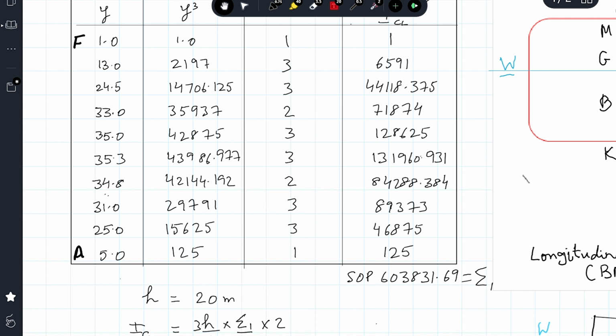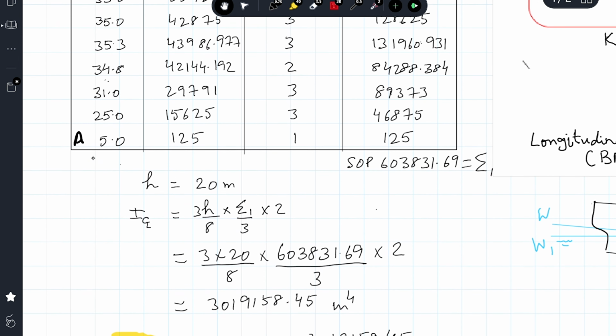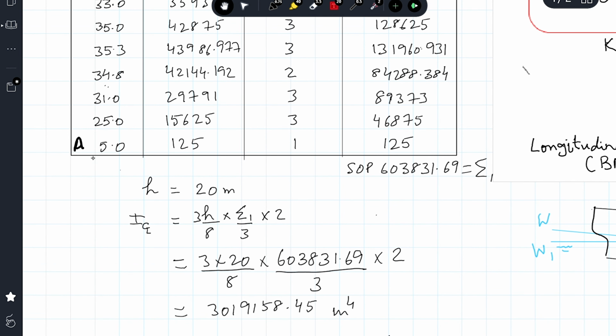So remember, as I said, we are calculating y cube dot dx upon 3. This is the integration. So that upon 3 is still there. So the sum of the product must be divided by 3 when we have ordinates which are perpendicular to the axis. So what is the moment of inertia about center line? This is transverse moment of inertia.